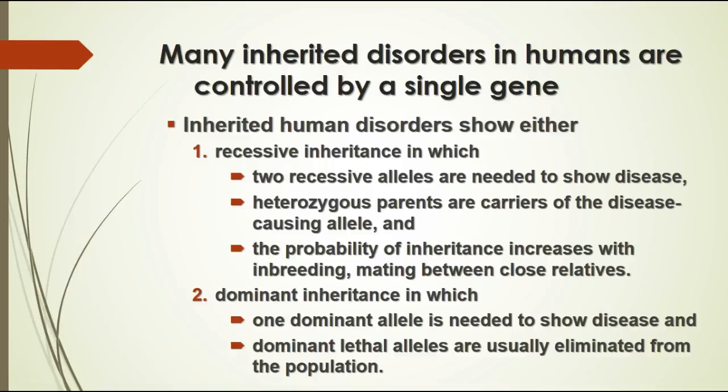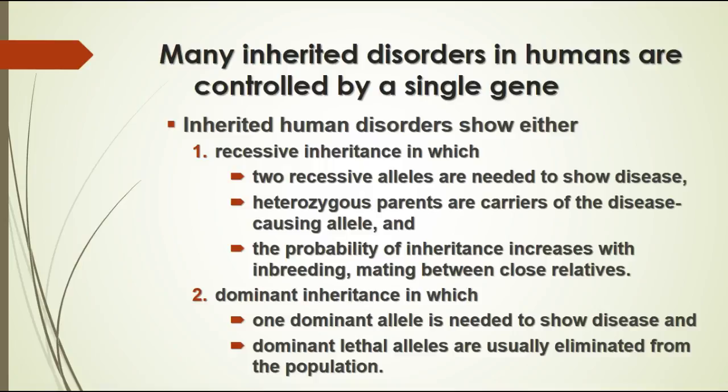We call the heterozygous parents carriers of the disease-causing allele, and the probability of inheriting that recessive condition increases with mating between close relatives. It's not necessarily common nowadays, but in some cultures and in past times, it might have been more common to marry a cousin than it is today.